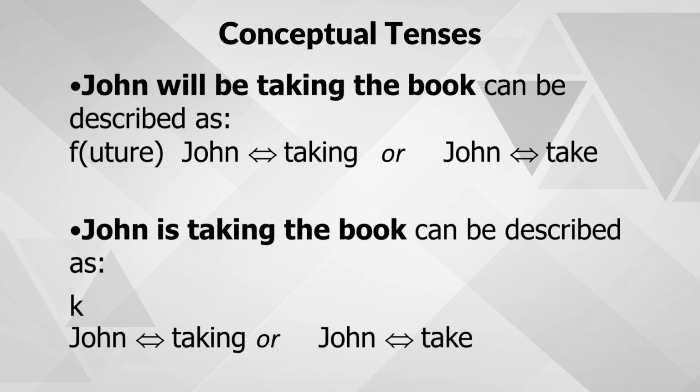On the other hand, the sentence "John is taking the book" is represented as a current ongoing action denoted by the symbol K, indicating that John is presently engaged in the activity of taking the book. Both sentences emphasize the connection between John and the action, either in the context of an upcoming event or a current ongoing process.